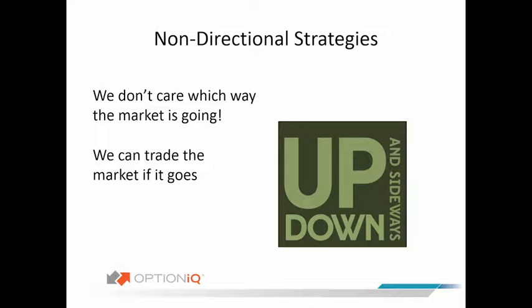All we care about is going in and setting our trades, which I'm going to show you how we do in a minute, and making sure that we manage the risk. As long as we manage the risk, our bottom line will look after itself. So, with our strategies, we don't care, as a company, which way the market is going. We can trade these strategies even if the stock market is going up, if it's going down, or even if it's just moving sideways. So let me show you how to do that.